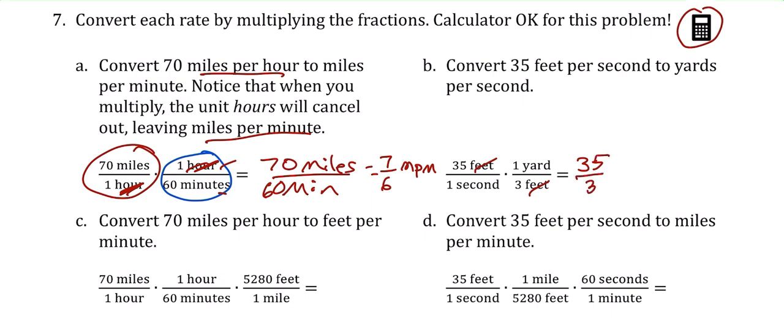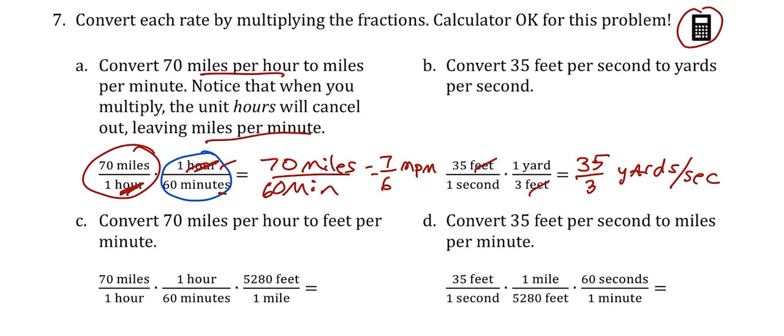And what we're left with is exactly what we were asked for, yards per second. By the way, I'm going to show you another way to write that, it could also be written as yards and then like this, which means yards per second.